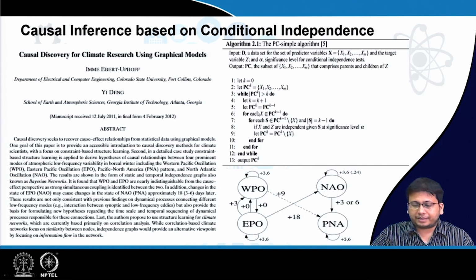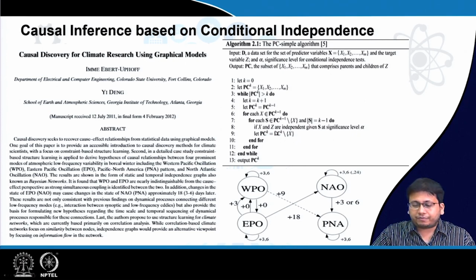So the basic idea is that they consider different sets of variables, that set S, of different sizes, and they take every single predictor x, and they see whether x is independent of the target variable z or not, given that particular S. And when they are testing for this independence, they use various statistical tests for conditional independence between different variables, and those tests require the significance level alpha.